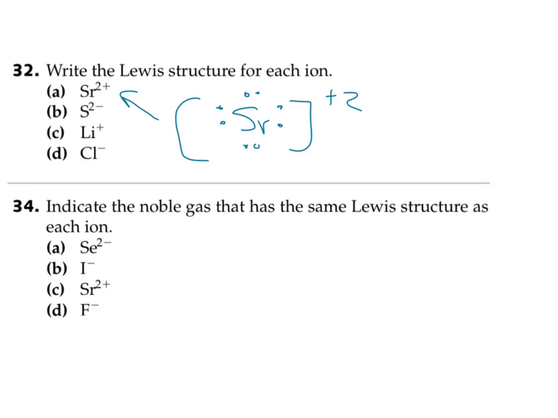Now for 34, it's a little bit different. 34 wants you to pick a noble gas. What group are the noble gases? 8A, yep. So let's pick on iodine. Iodine picks up 1 electron, so find iodine on the periodic table. It picks up 1 electron, and now it has electrons like which noble gas?